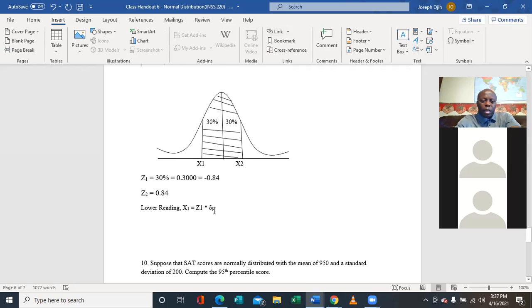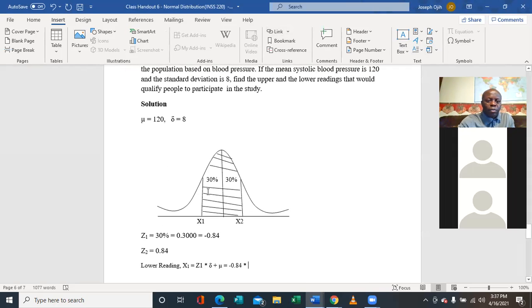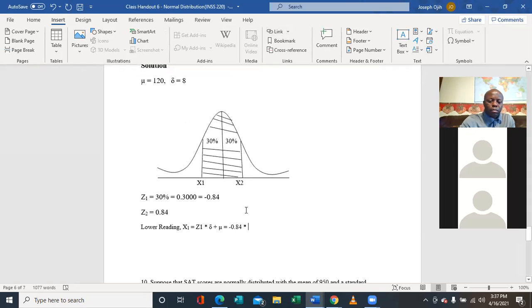So Z1 times standard deviation plus the mean, where Z1 is negative 0.84, times the standard deviation, which is 8, plus the mean, which is 120.